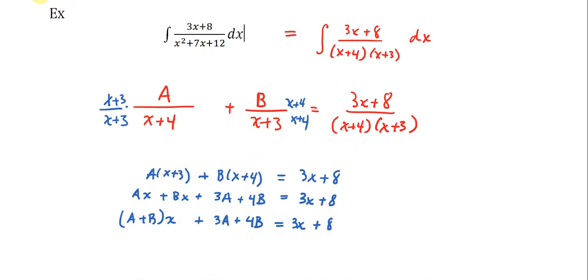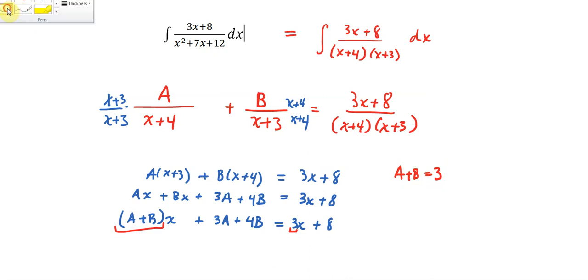Once again, what we have here is a linear expression on the left side with A plus B as the coefficient of x, and a linear expression on the right side with 3 as the coefficient of x. So that tells us that A plus B must be equal to 3.